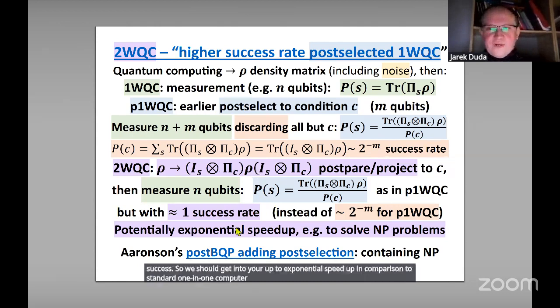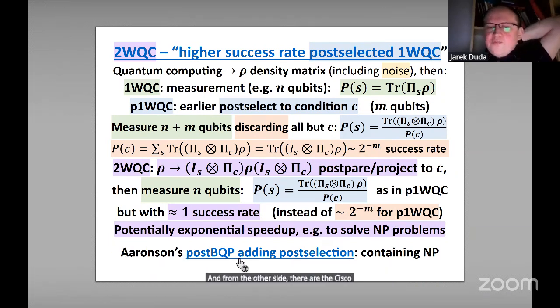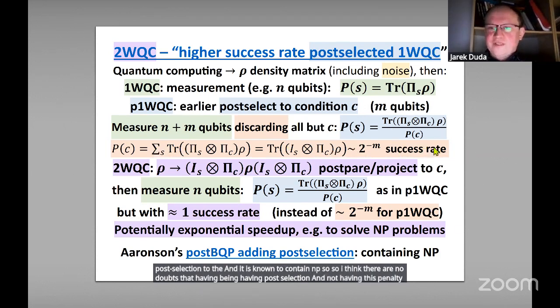So we should get, in theory, up to exponential speed up in comparison to a standard one-way quantum computer. And I will further talk about NP problems, in theory, being able to solve. From the other side, there is Scott Aaronson's PostBQP, which adds post-selection to BQP, and it is known to contain NP. So I think there are no doubts that having post-selection without this penalty, this very low success rate, you should be able to attack NP problems with quantum computers.